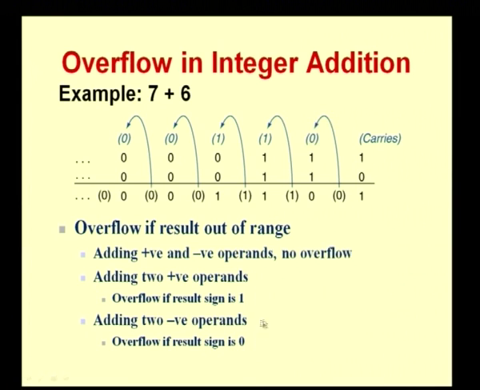If I am looking at signed numbers with the most significant bit indicating the sign bit, and I add two positive numbers and find that the result has a negative value, that is the sign bit happens to be a 1, then I know that it is an overflow. Similarly, it is true the other way around: if I add two negative numbers, where the two numbers have the sign bit as 1, and the result that is generated has a 0 as the sign bit, then also I know that I have an overflow.